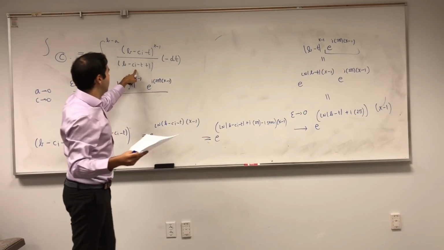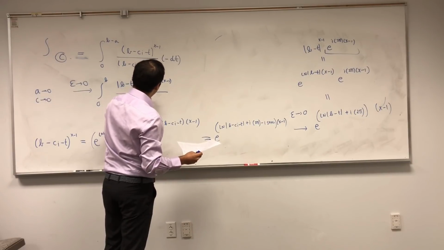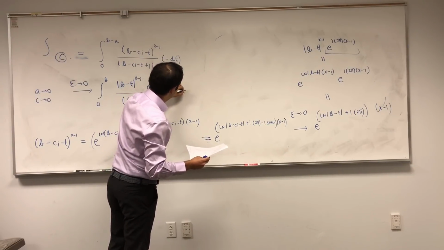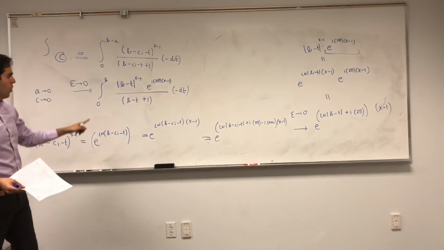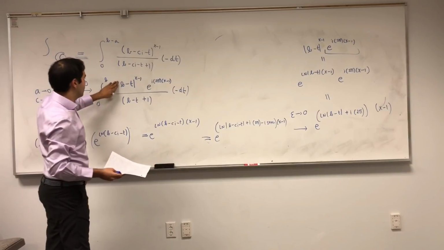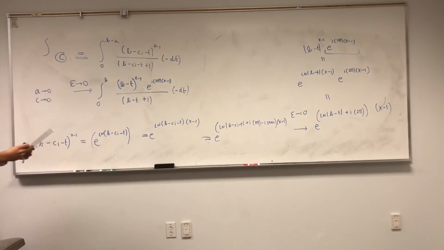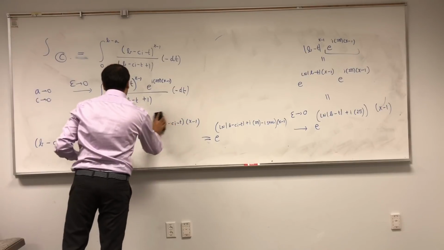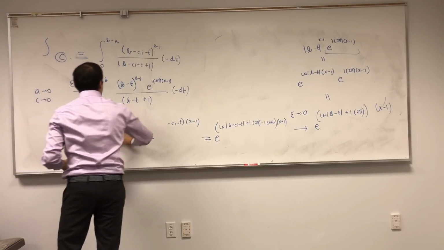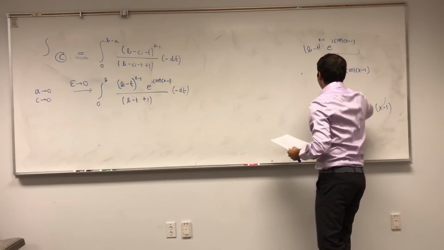And then the bottom, remember, c goes to 0, so you have b − t plus 1, and we still have the minus dt. Notice in this region, t is between 0 and b, so you can actually remove the absolute value. So we're good here. We still have the t going on here. And well, ideally, we would like b to go to infinity.